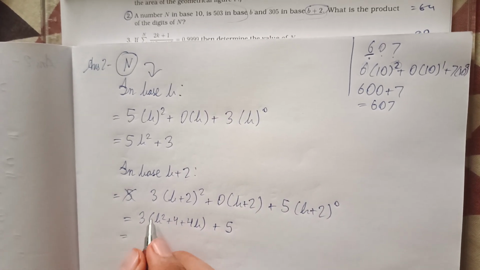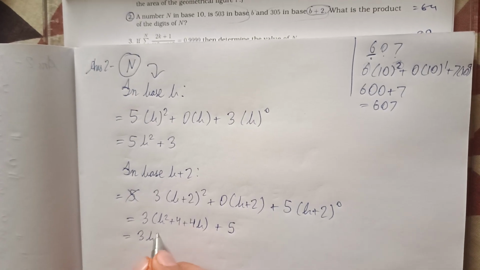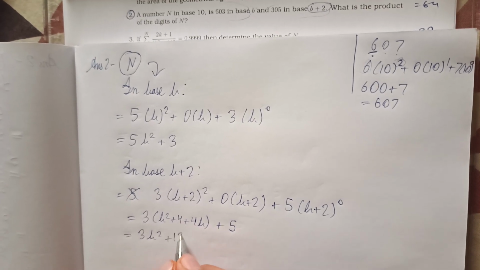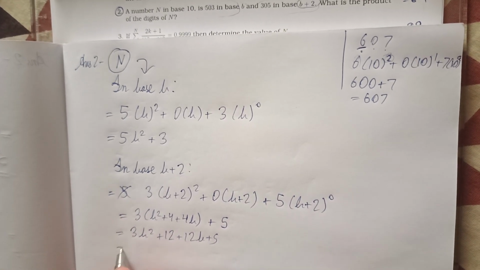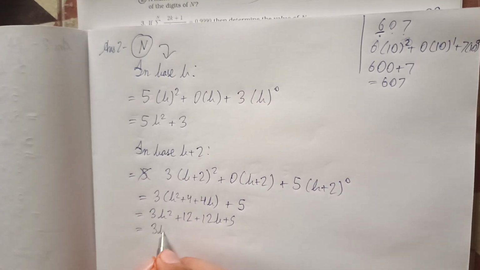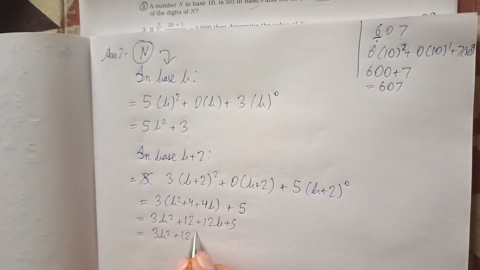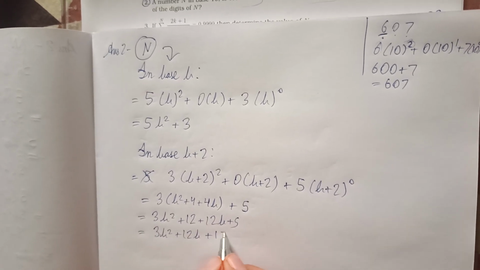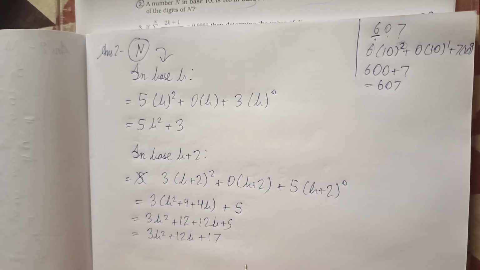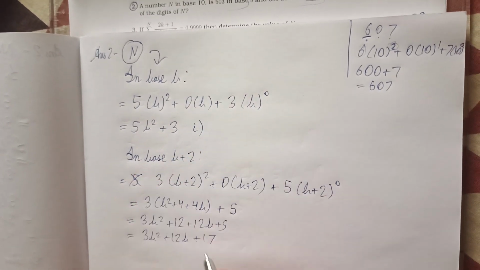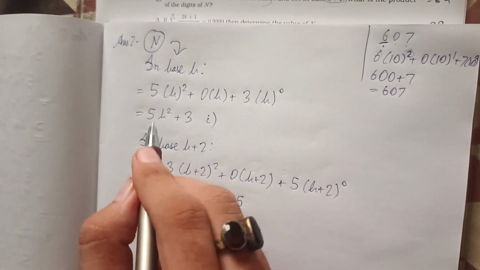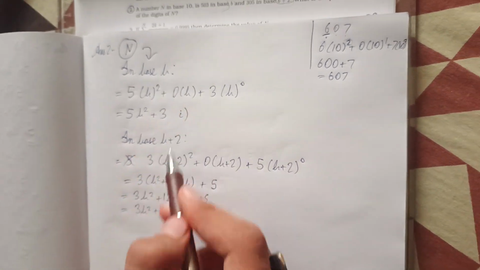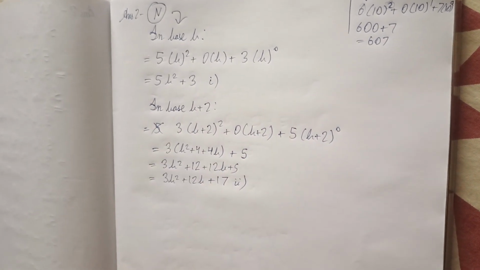Now we'll solve this completely, which gives us 3b squared plus 12 plus 12b plus 5, further simplified into 3b squared plus 12b plus 17. Now we have two equations for the value of n in two different bases. But since we've simplified them, we can simply equate them.